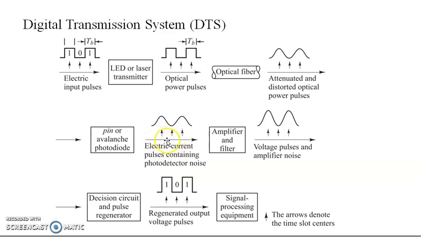So we can use a front end amplifier at the detector, with filters and all. Now from the electric current pulses we can get the information about the electric input pulses 1 and 0. Then conversion takes place into voltage pulses, and we can reduce the noise. So then we get a voltage level, the pulse level.